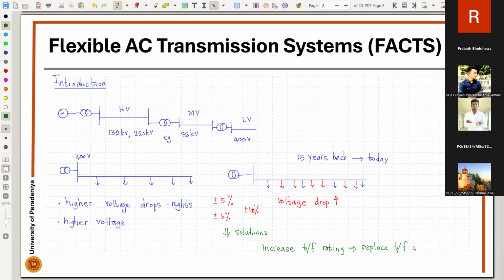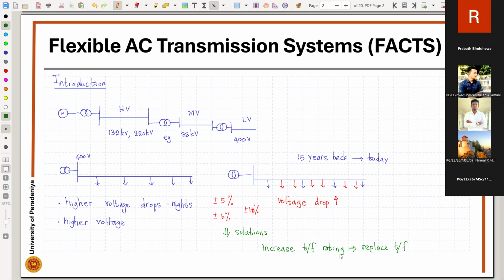What can we do? What is your solution? Decrease the distance of the transformer.